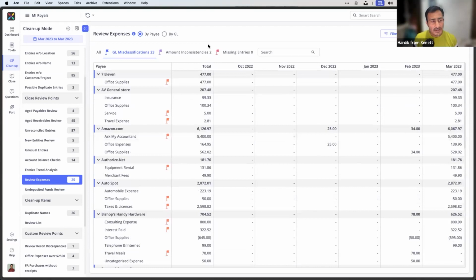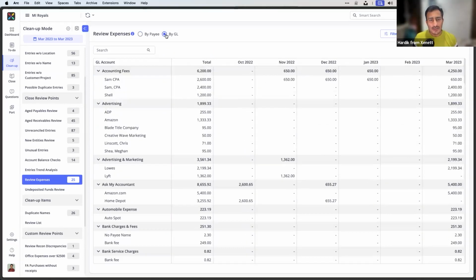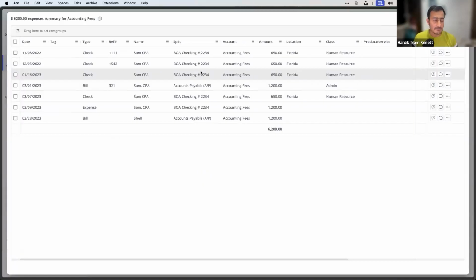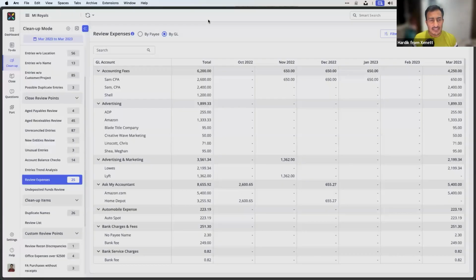Another way that I do it is I quickly scan through the by GL. What this tells me is that for every single account, I can see a summarized version. If I open this account in QuickBooks or whatever accounting software, I might see a long list of transactions, which I don't always have to see. Instead, I would just see this summarized version.